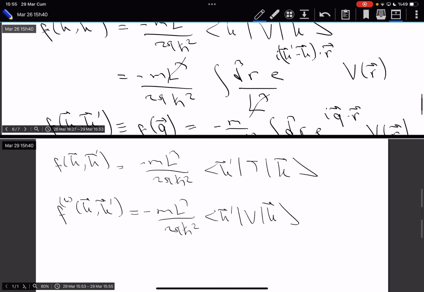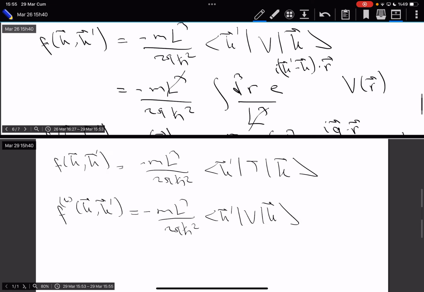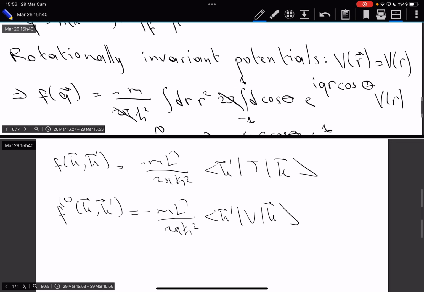And then we started looking at some physically relevant cases. For example, we looked at the case of a rotationally symmetric, or spherically symmetric, potential. In principle, all the interactions in nature should be rotational. Nature has rotational symmetry, so all the potentials should have this rotational symmetry in some form.